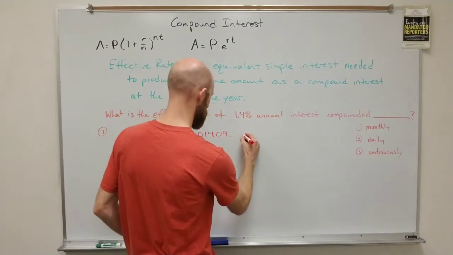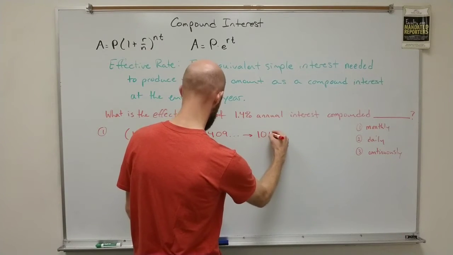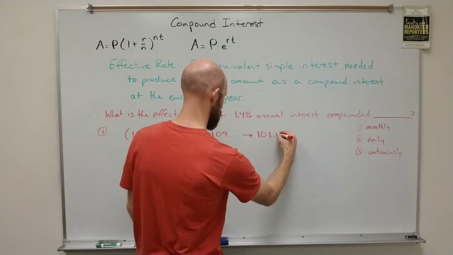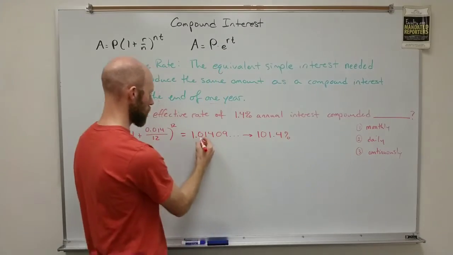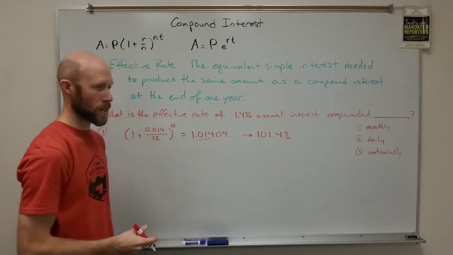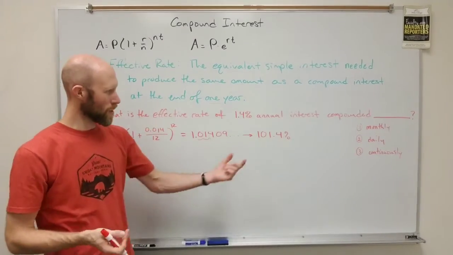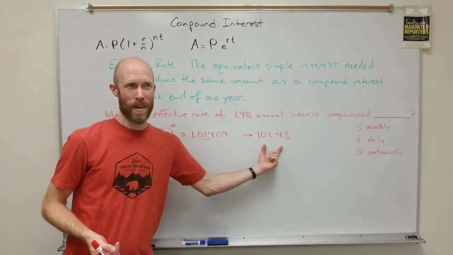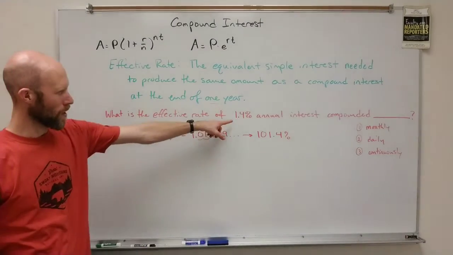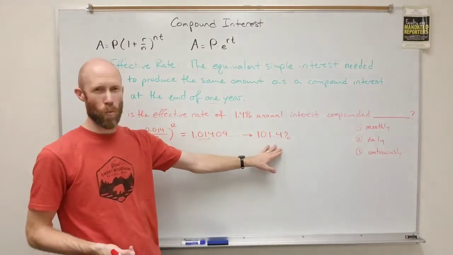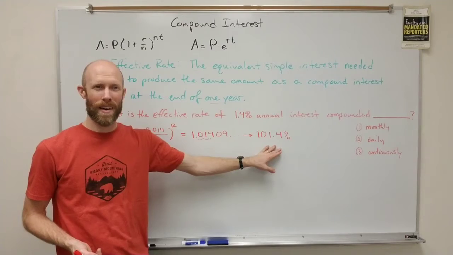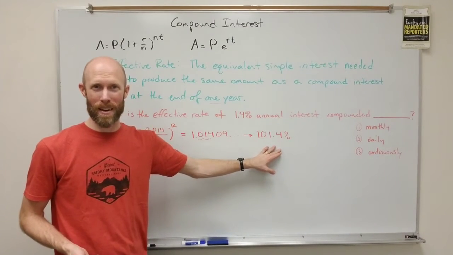But this seems really high. It seems like 101.4% essentially, if I move that decimal 2 places to the right to get my percent. And that is kind of high. We're not getting 101% here. A 1.4% rate does not give us a 101.4% effective yield.